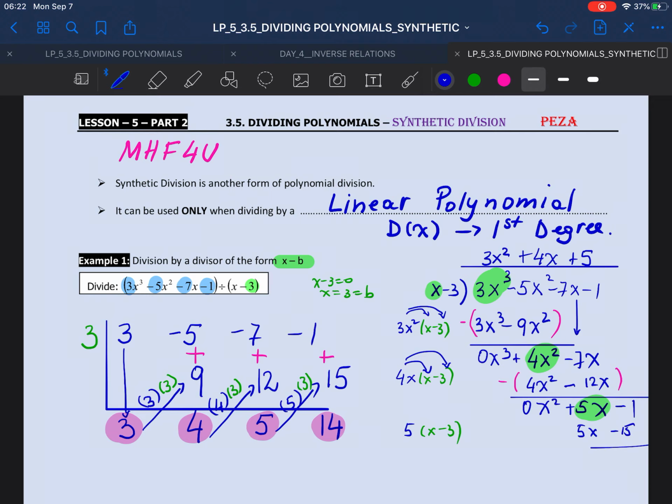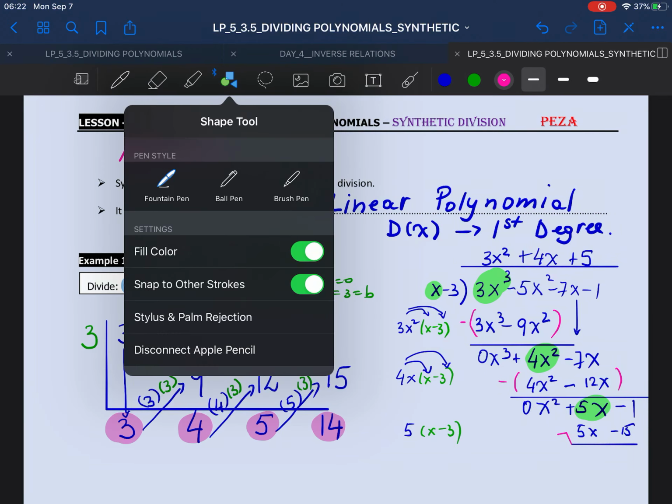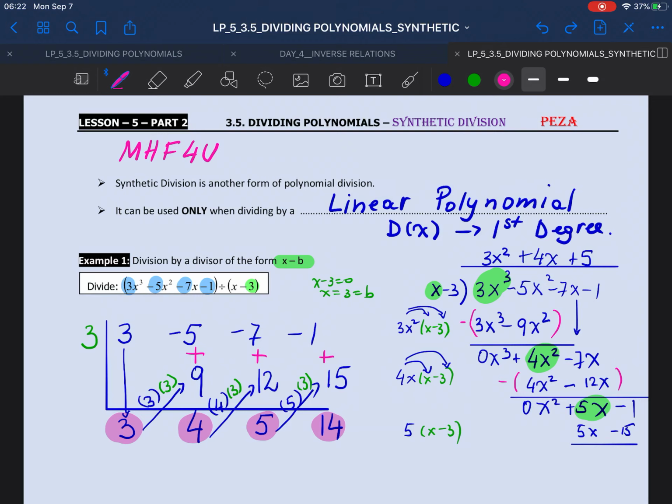Draw the line again, and subtract. Oopsie. And we get down here positive 14, 0x.